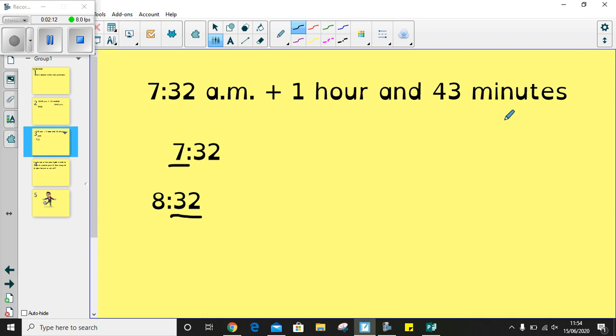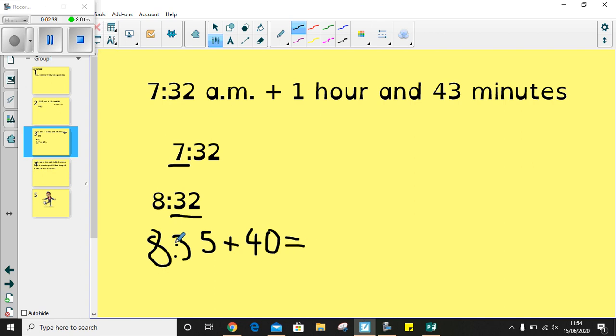Now the first thing I'm going to do is add that 3 on to 8:32. I know that 3 add 32 is going to equal 8:35. And now all I need to do is add on 40. Now I've remembered that there are 60 minutes in 1 hour.